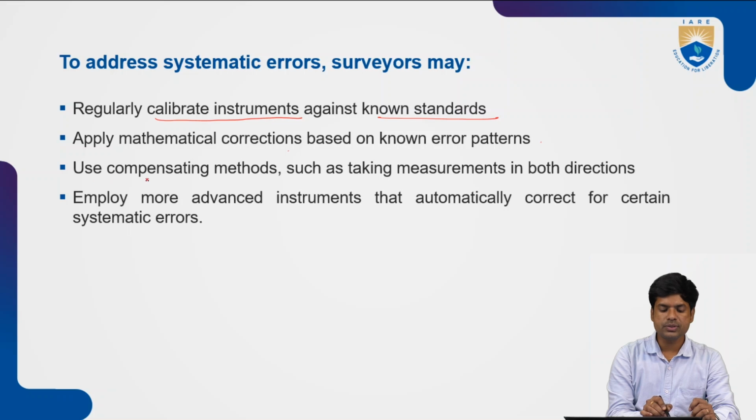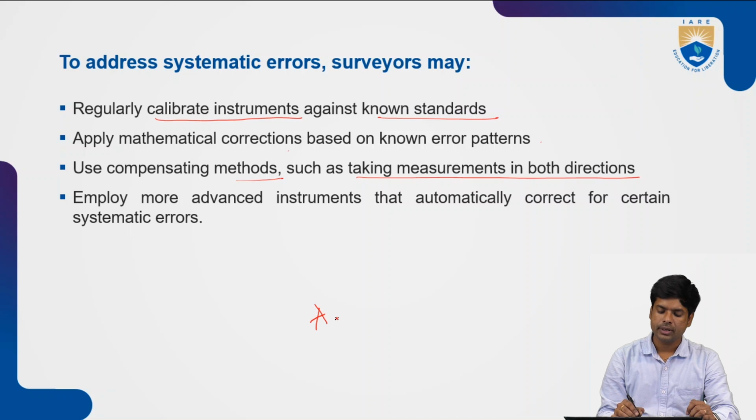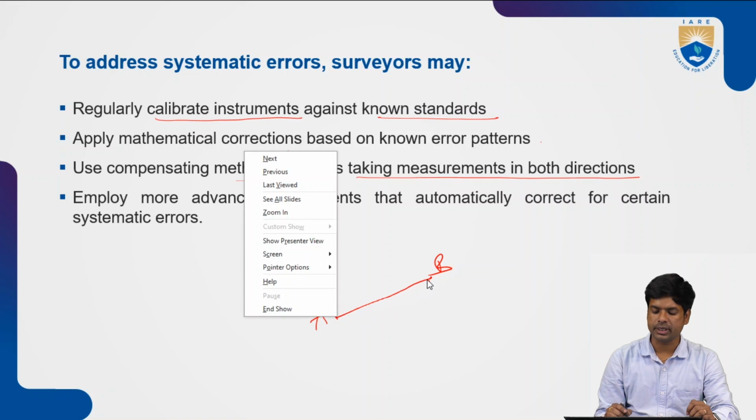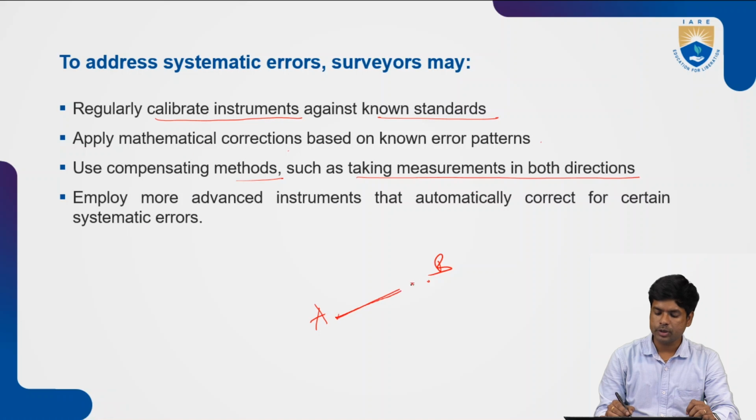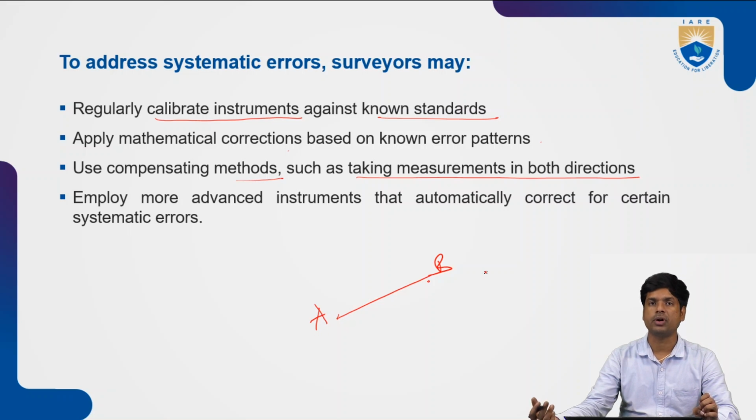And use compensating methods such as taking measurements in both directions. Suppose you have point A here and point B here, so while doing the surveying, you are going to place the chain from here to here, and measure this distance. While doing this surveying, you may get small systematic errors, right?